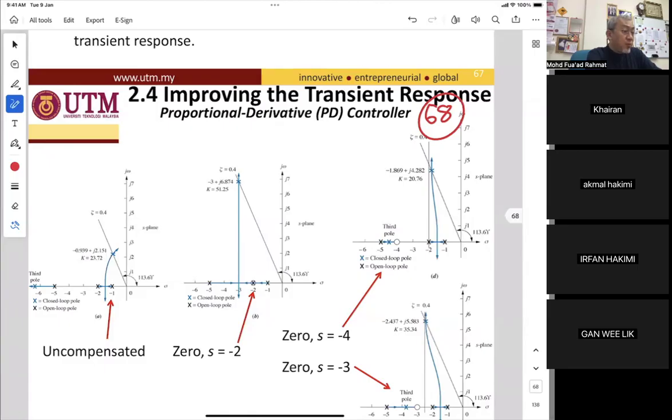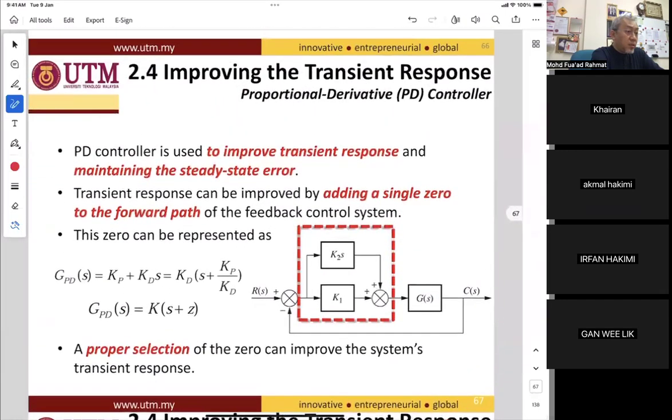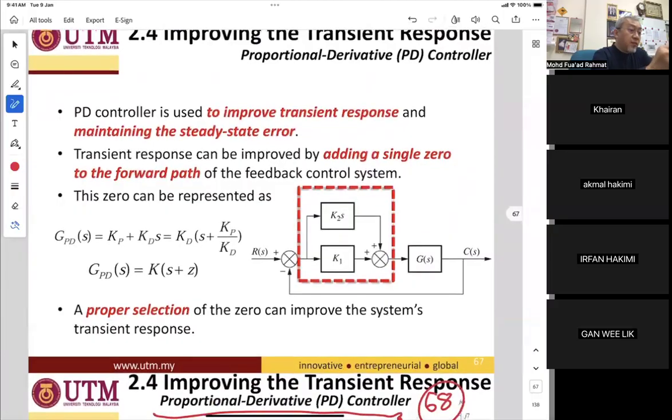So that's why we propose the third controller, known as the proportional and derivative PD controller, as shown in slide number 67, where we use the PD controller to improve the transient response, meaning to make the system faster from slower, while maintaining the steady state error at 0, or as small as possible.